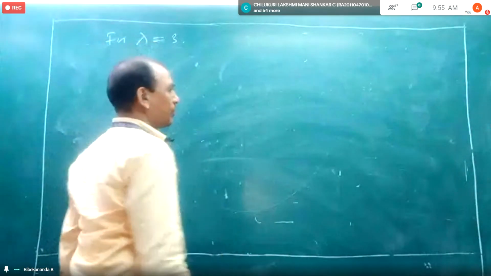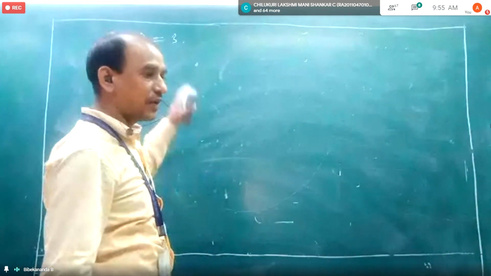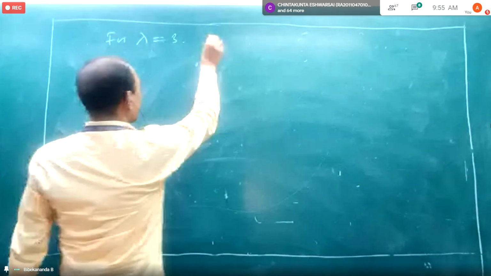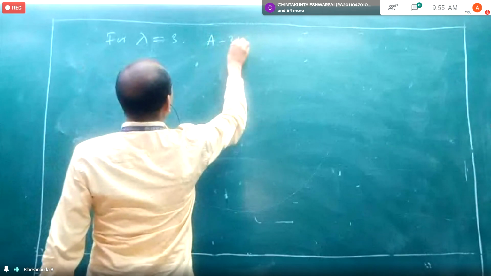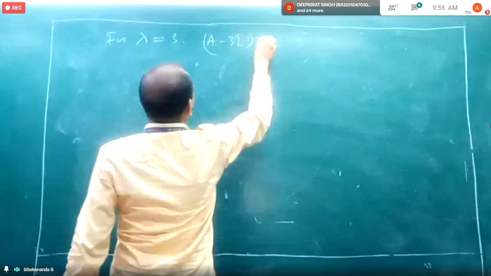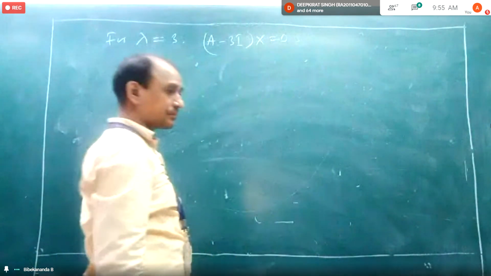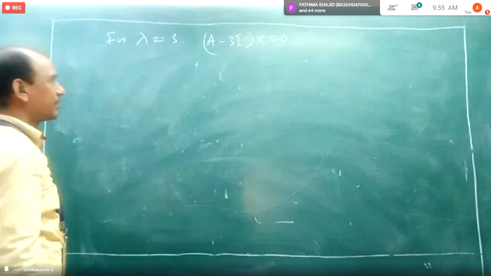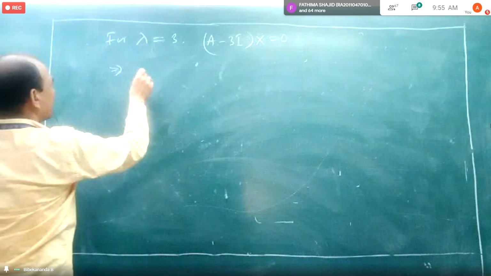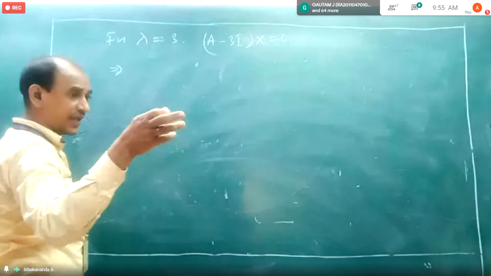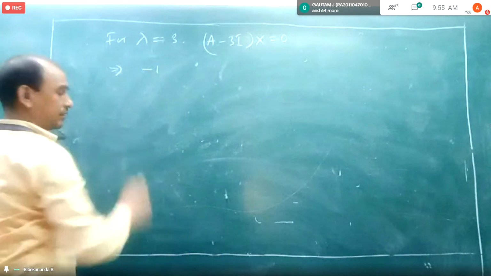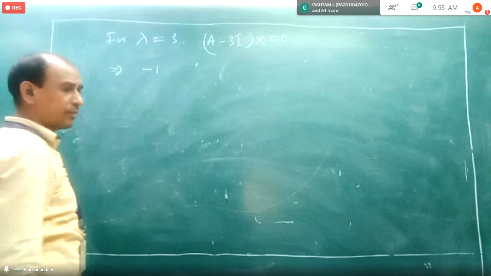So A minus lambda I, for lambda equal to 3, A minus 3I of x equal to 0. Can you tell me what will be that? Minus 1, minus 2, 3. Yeah, 2 minus 3 is minus 1.